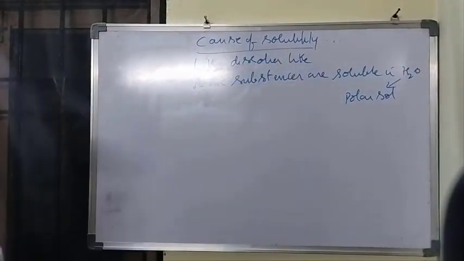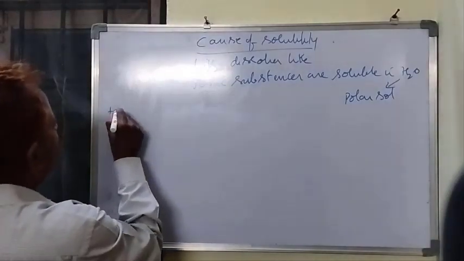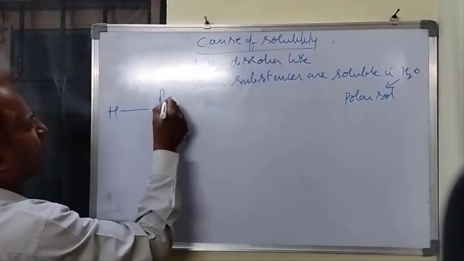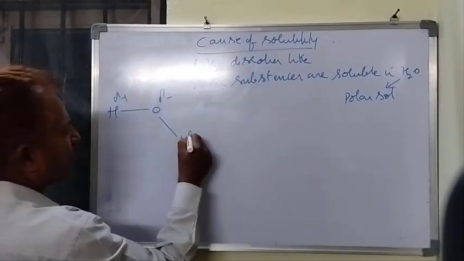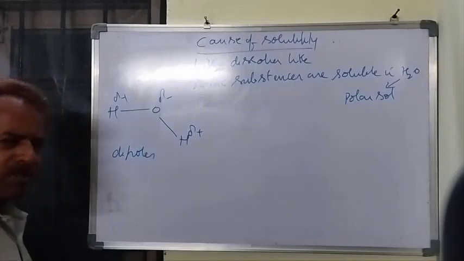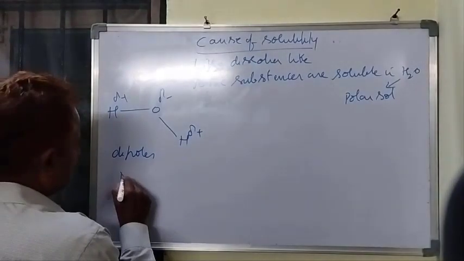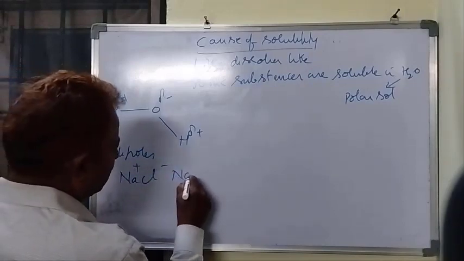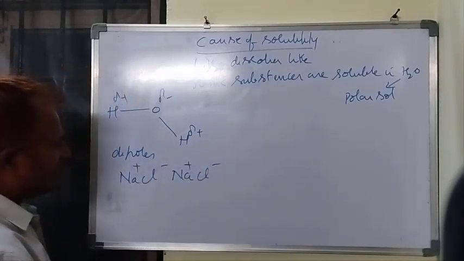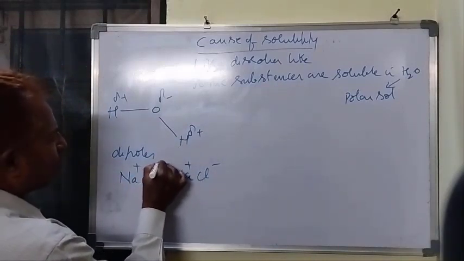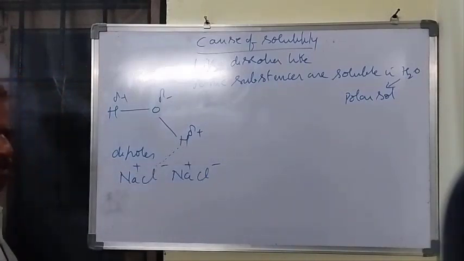Polar solvent means this is the negative pole and this is the positive pole, so dipoles are formed. When NaCl, an ionic substance, dissolves, this is the ion and this is the dipole, so ion-dipole interactions are developed.